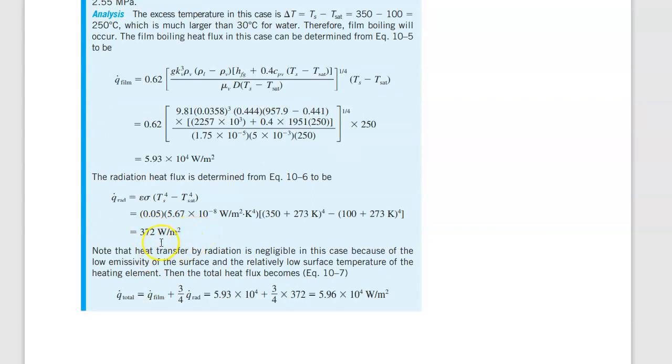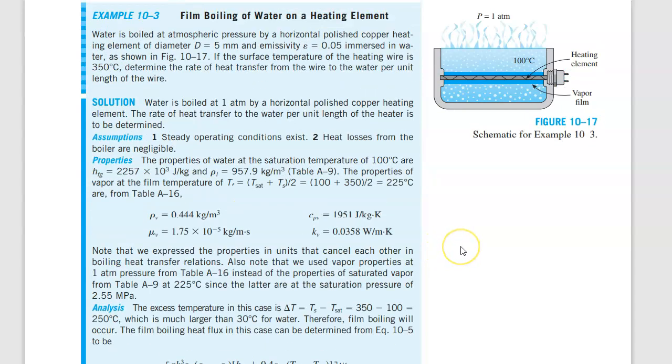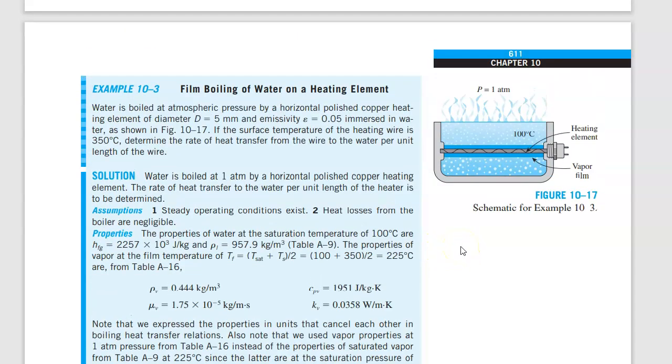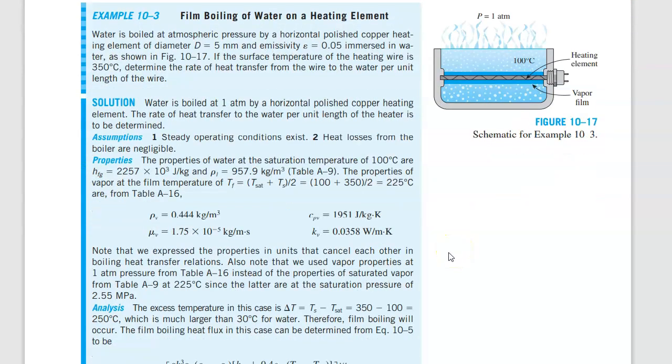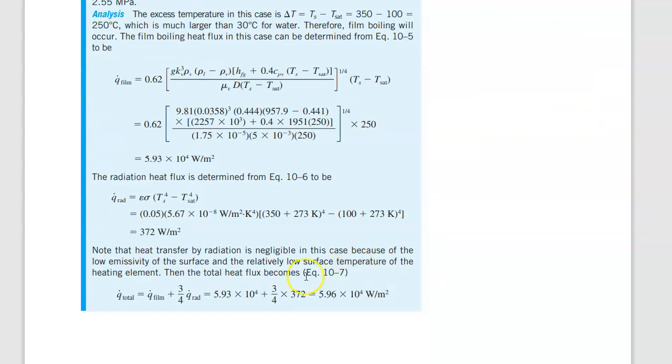So to find the Q total, because here we got Q film, so we got Q radiation, because it's in heating elements. Q film and so Q radiation. Actually, Q radiation could be neglected, but here we still calculate it by using these formulas. Q total is equal to Q film.